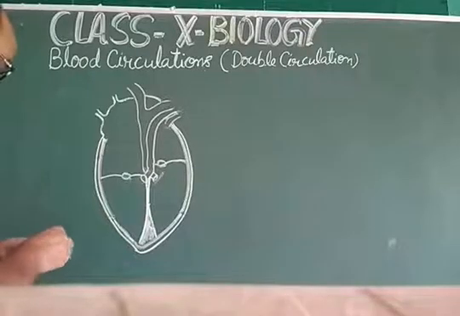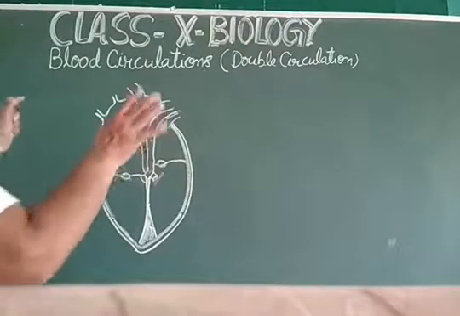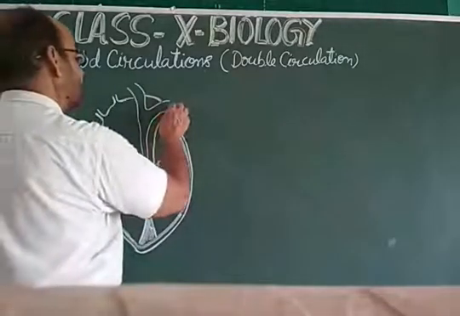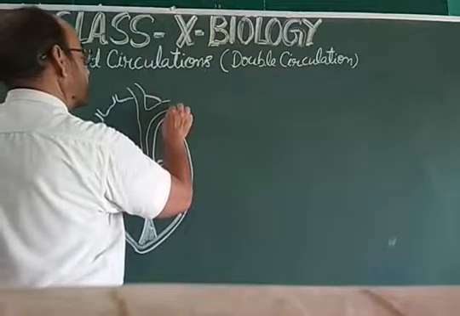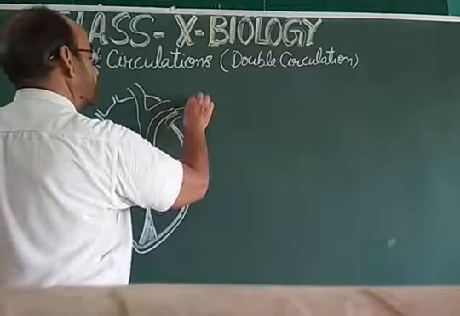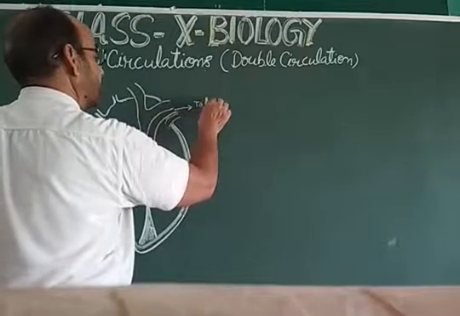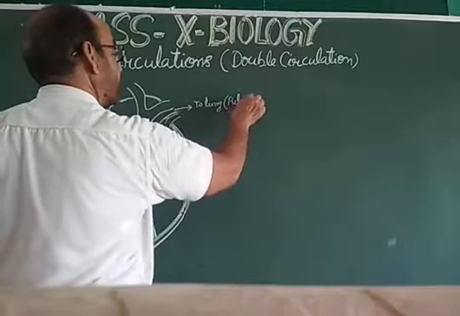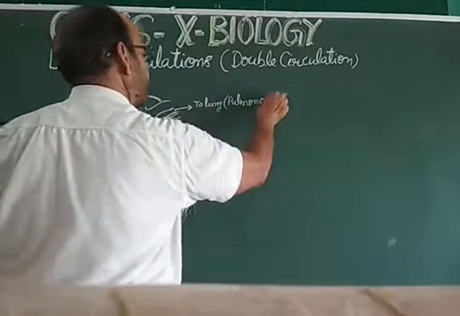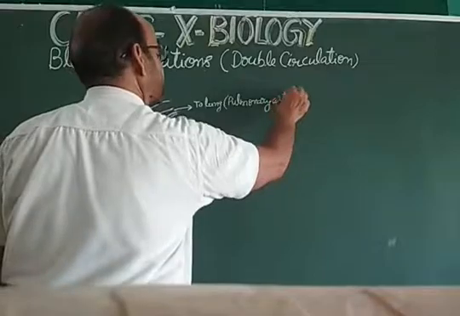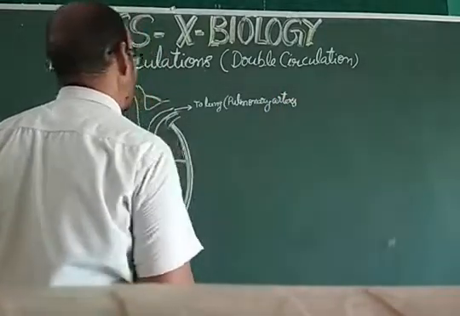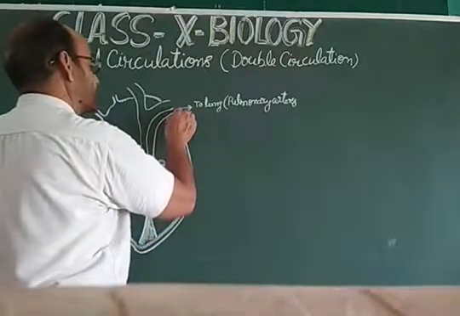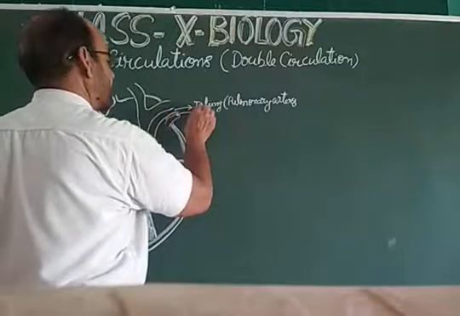So students, as far as the double circulation is concerned, here you are looking that this is the two lungs, the pulmonary artery, which is carrying impure blood, and this is from the lung.